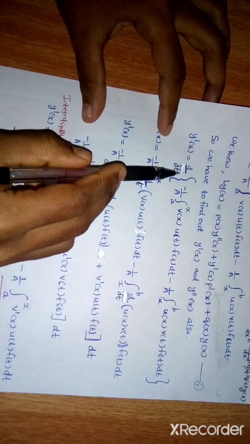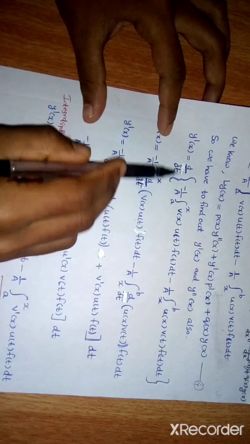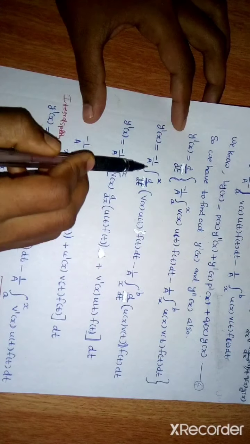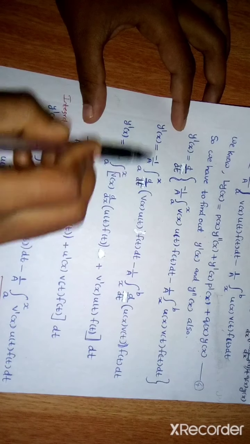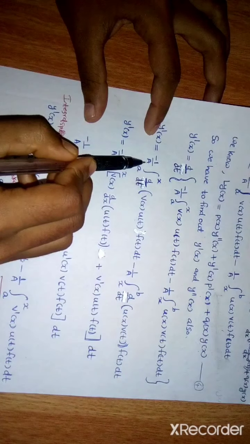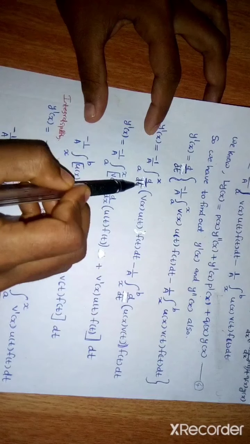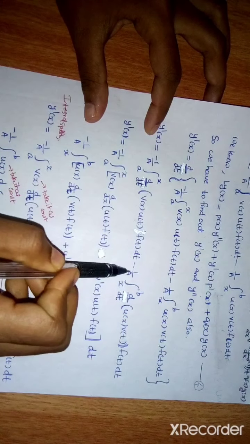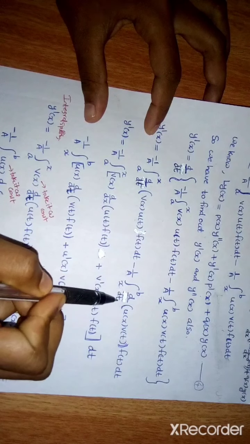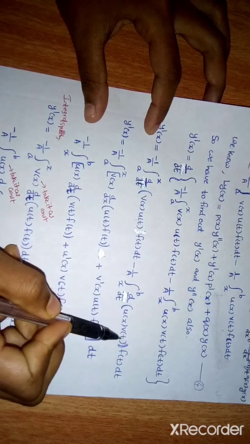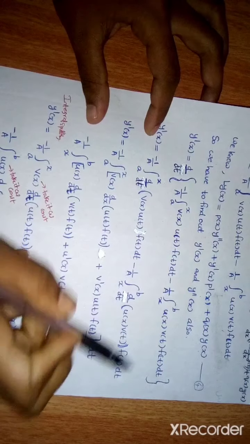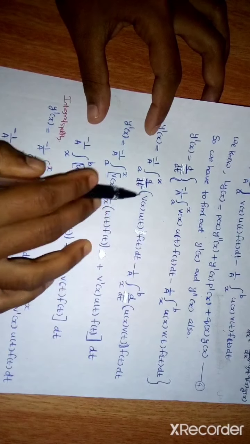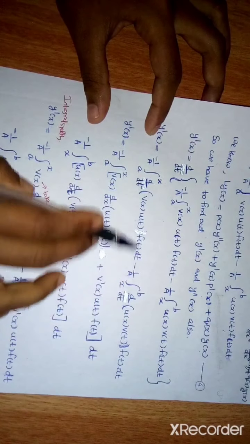Now we know the integration and the derivative can be interchanged, so the derivative comes inside. Then y'(x) = -1/A ∫ from a to x of d/dx [v(x) u(t) f(t)] dt - 1/A ∫ from x to b of d/dx [u(x) v(t) f(t)] dt. Now apply the product rule in both terms.